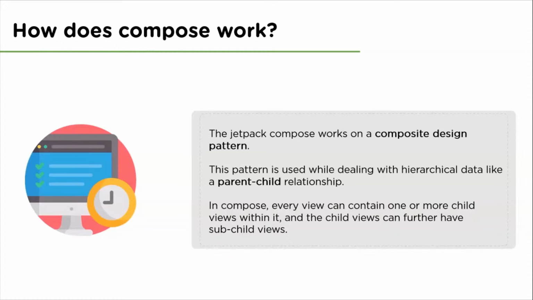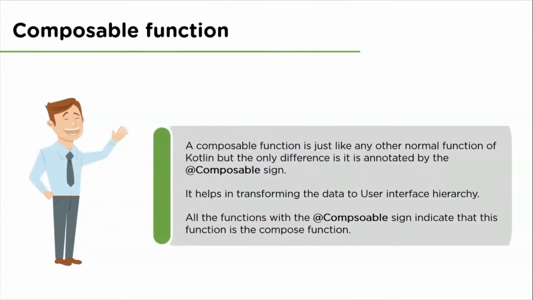Now, as we have understood this topic, we will move on to the next topic, which is composable function. A composable function is just like any other normal Kotlin function, but the only difference is it is annotated with the composable sign. It helps in transforming the data to the user interface hierarchy.